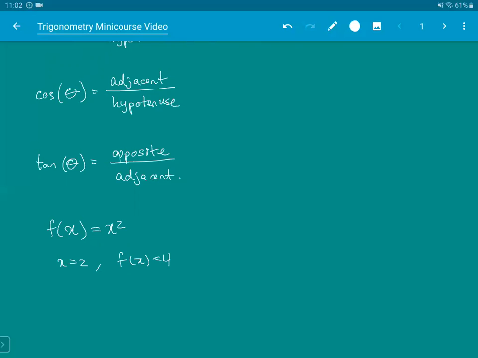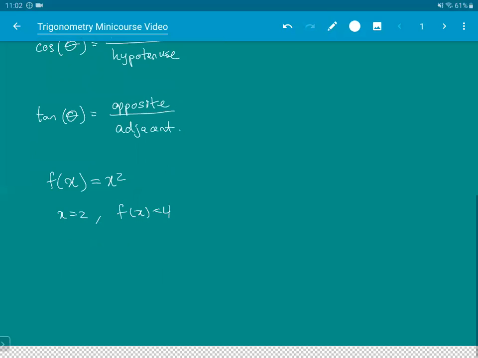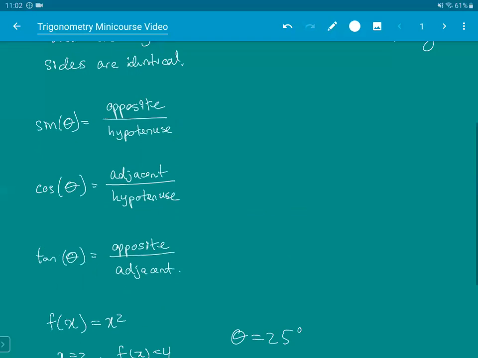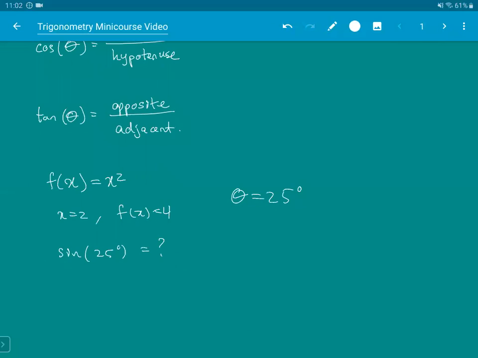But that doesn't work with these trigonometry functions, because if I give you an angle, like theta equals 25 degrees, what is sine of 25? If you just look at that, you wouldn't know off the top of your head. You wouldn't be able to compute that.